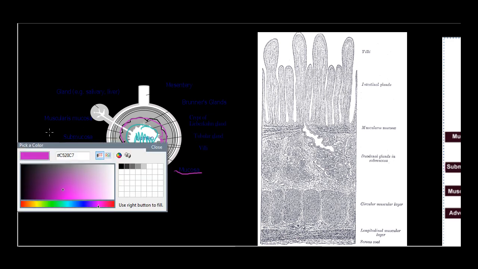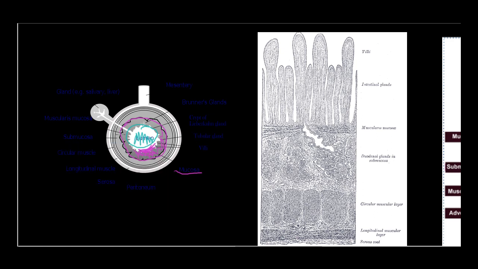And then the next layer is the submucosal layer. Submucosa. It's below the mucosa. And so we see that right here. It begins at the black line, right below the muscularis mucosa, and ends right around, it's pretty much the gray area.